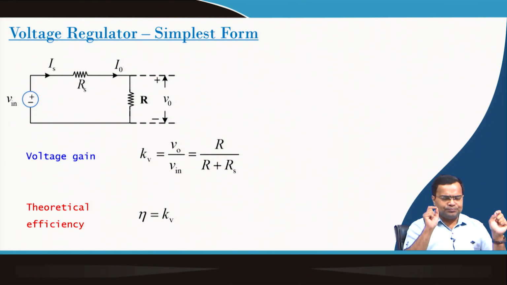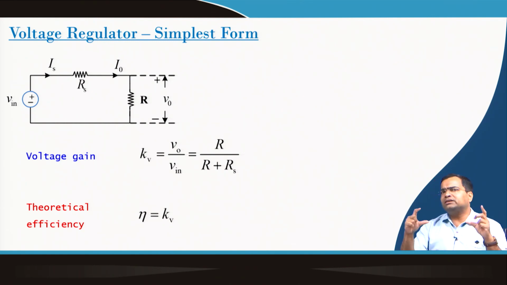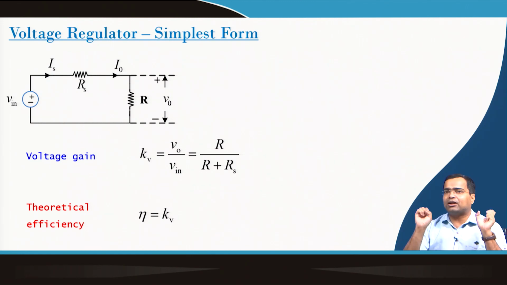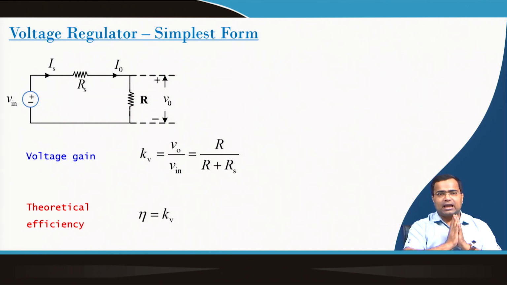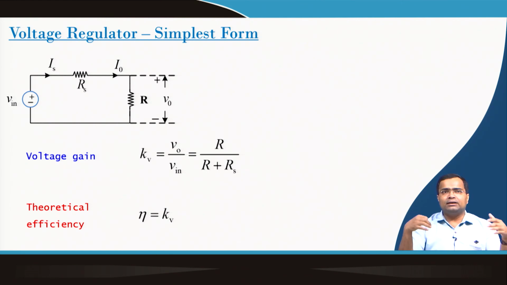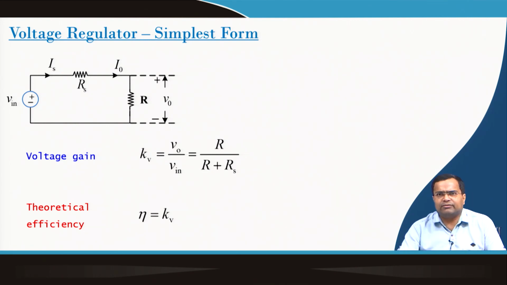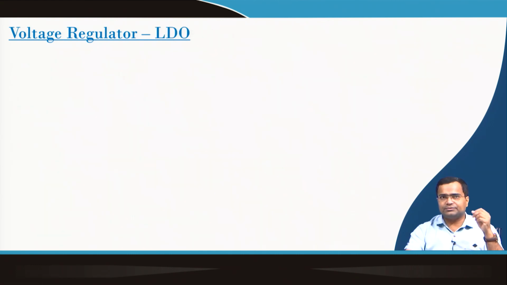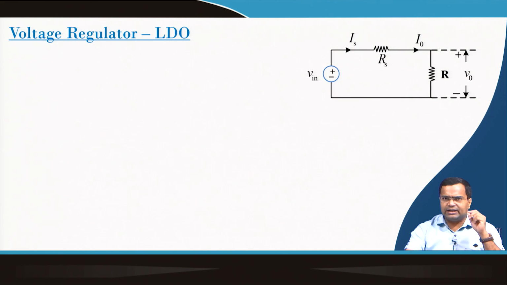If you want to achieve a lower voltage as V 0, then V in minus V 0, that voltage, will be dropped across the series resistance, and the higher this drop voltage, the lower the efficiency, and also the higher the I square R loss. So, temperature will go up. So, this is not a very efficient way of regulating output voltage.